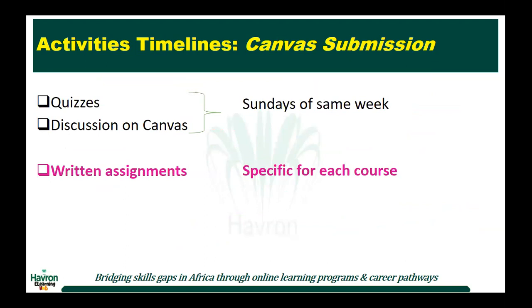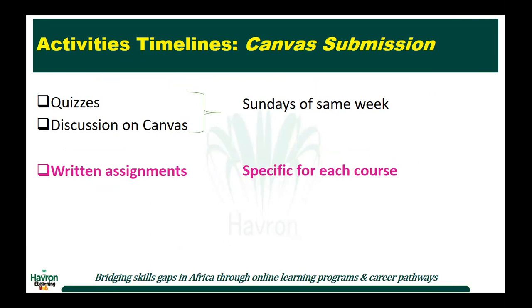So now are the activities timelines for Canvas submission. So each of these activities that work towards your gradings, they have timelines that if you don't meet up with the timelines, they will be locked and you might miss out on such an activity.